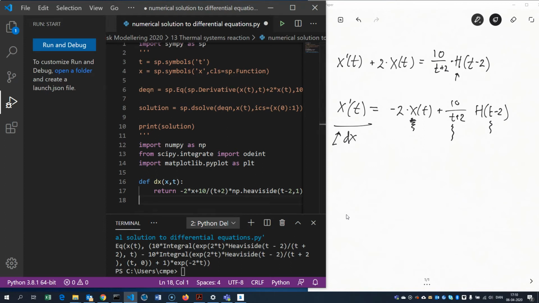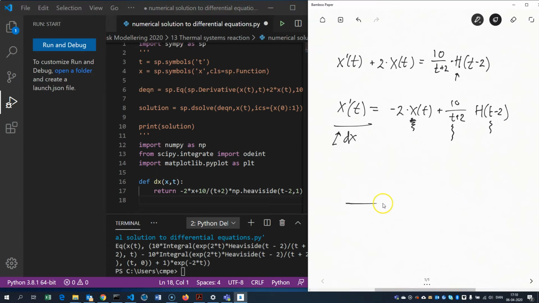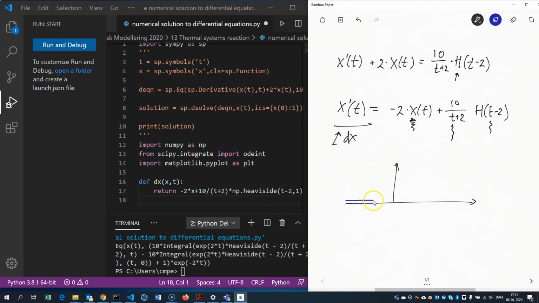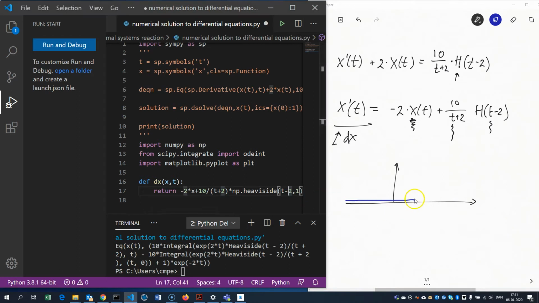So what is this parameter? Well, you know that the Heaviside function is a function that's 0 until whatever is inside the function, t minus 2, until that becomes 0.